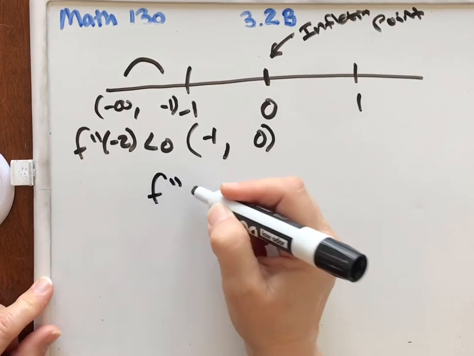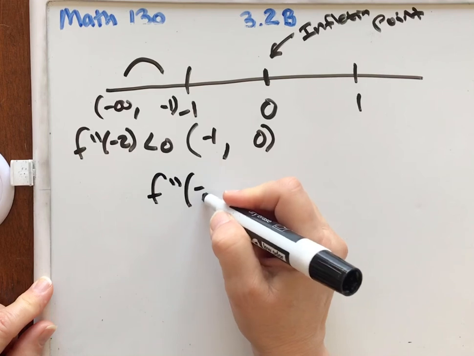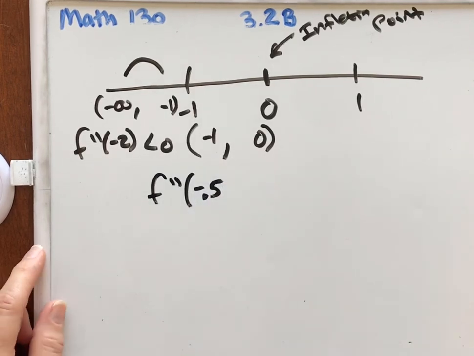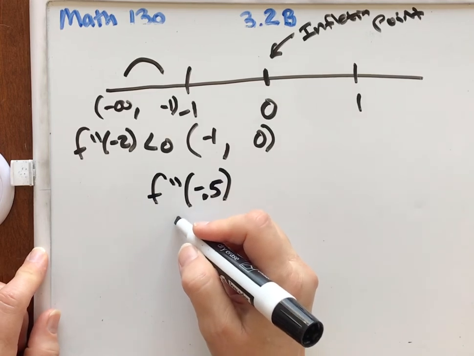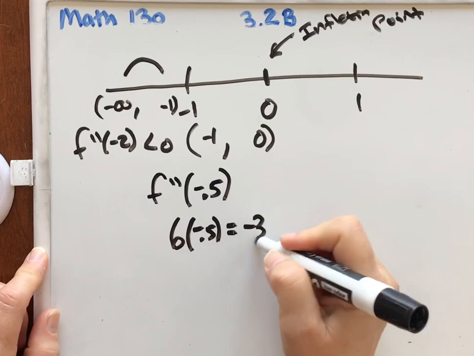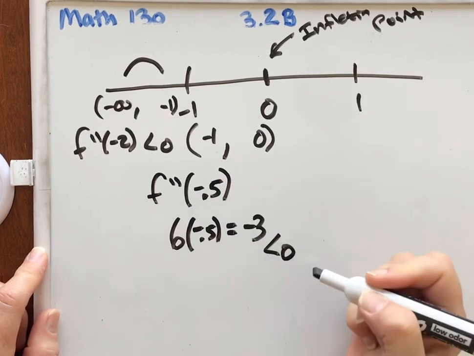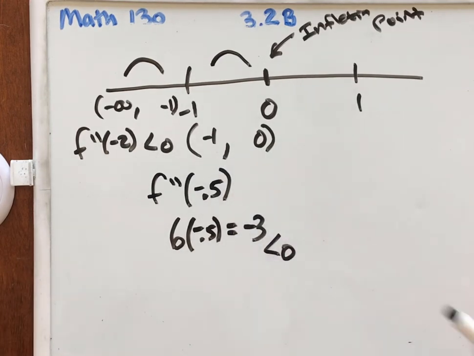Let's test f double prime of -1/2, -0.5. That ends up being 6 times -0.5, which equals -3. That's less than 0, so we know it concaves down between -1 and 0.